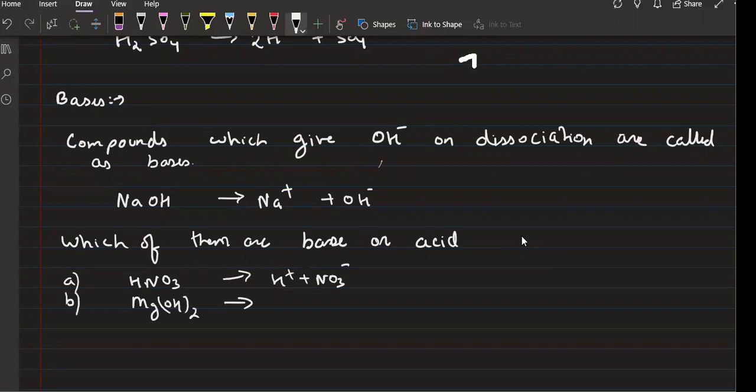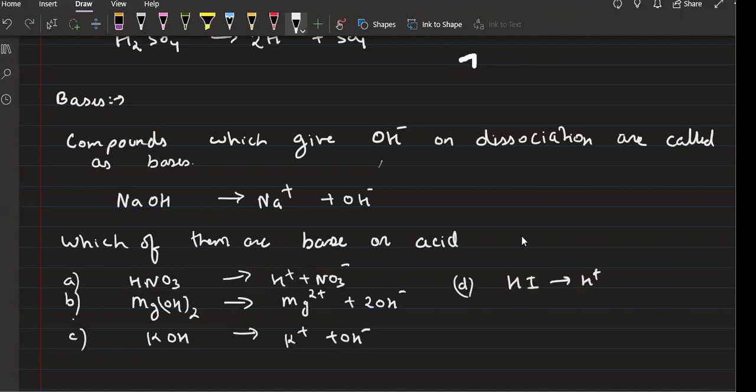You have to tell me which is base and which is acid. A is your acid or base? Tell me.